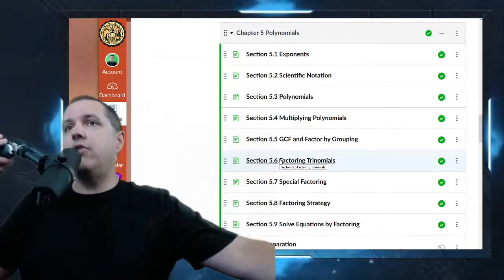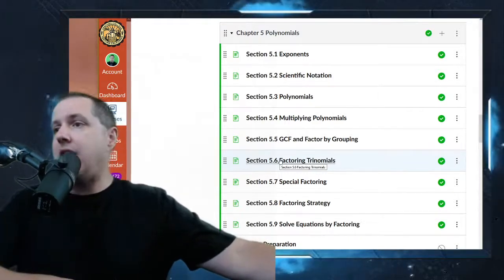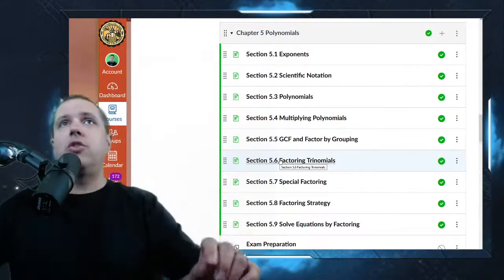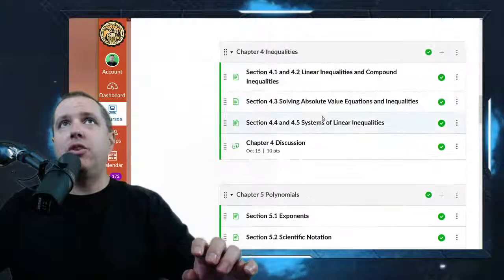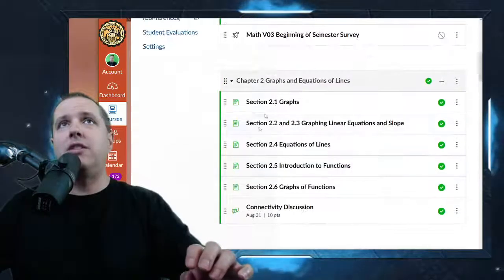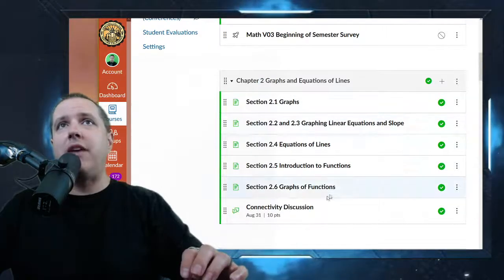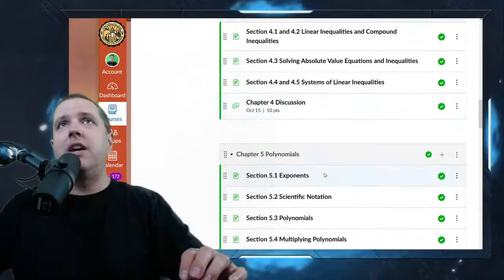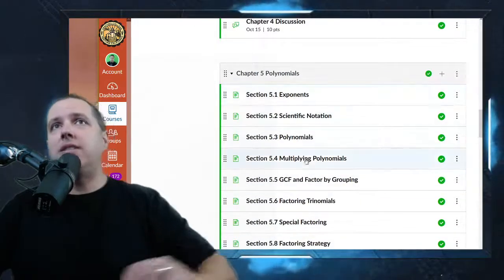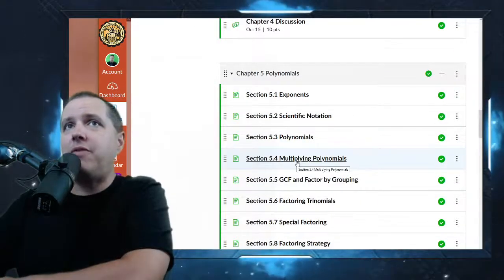It will cover the material that we've covered so far in the class. So it'll go back and cover everything. You can just go back to the earlier modules and look, oh yeah, it's going to include systems of equations. It will include graphs and graphing equations of lines. We've got some inequalities to talk about, and then exponents, polynomials, and factoring.